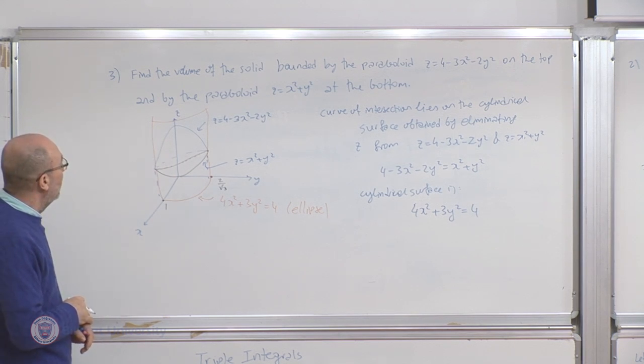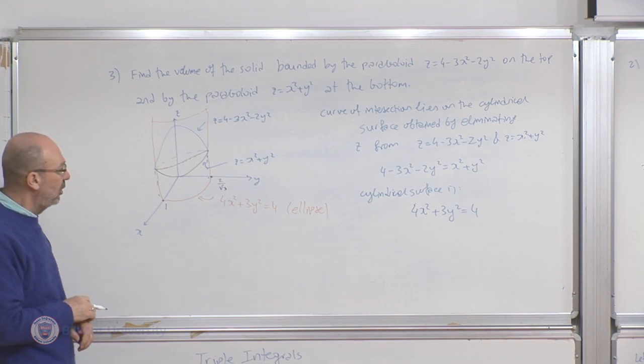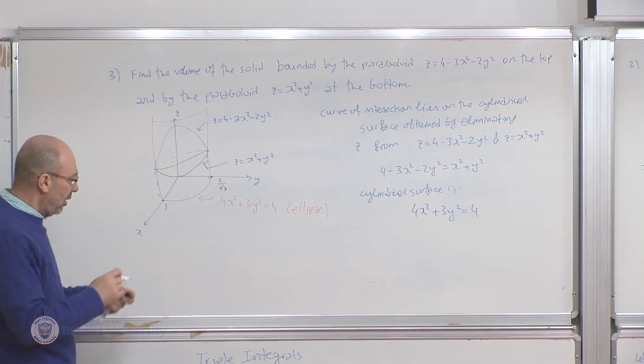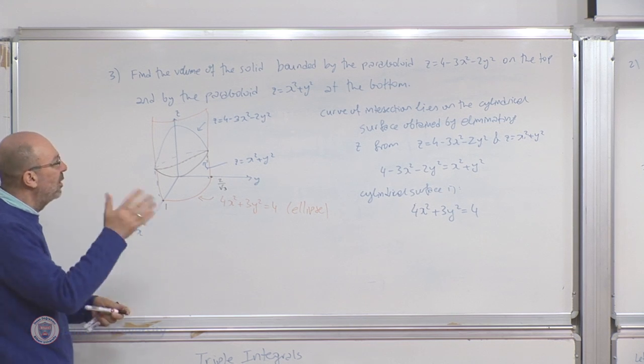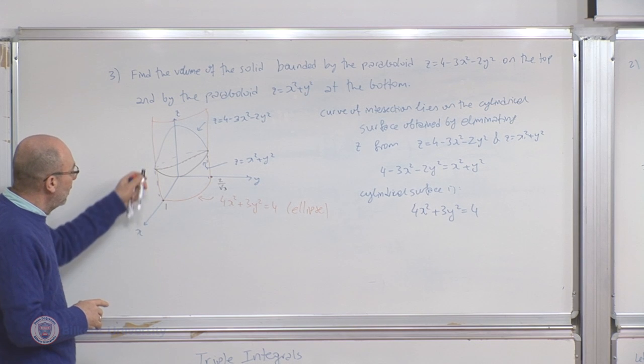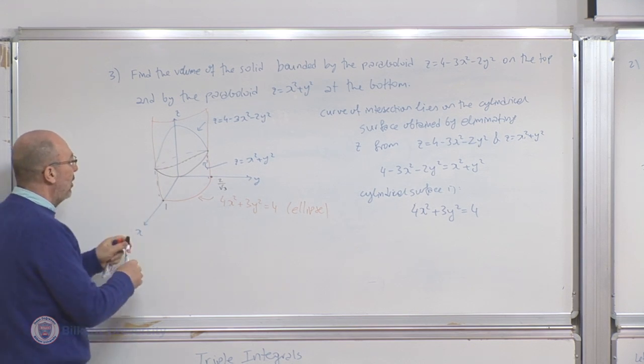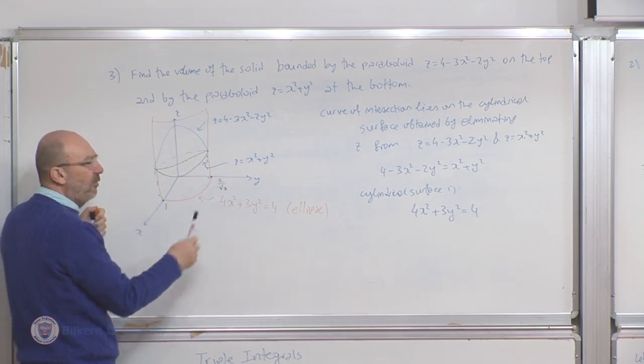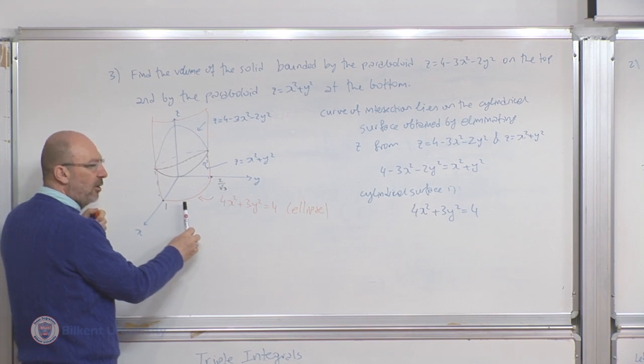Since we are interested in the volume, the function is 1. It doesn't dictate any order of integration; you can use anything. The picture tells us that to make life easier, we should start integrating with respect to z.